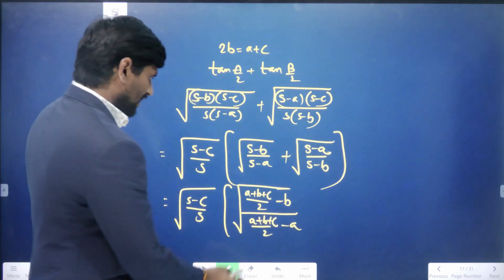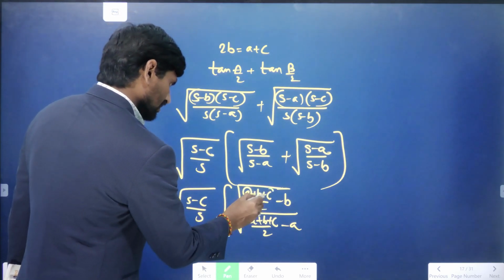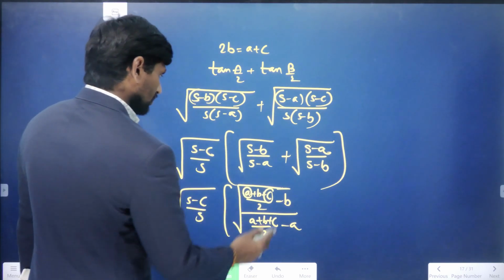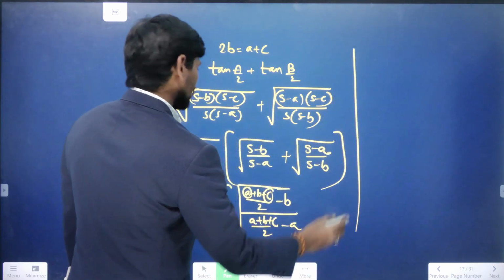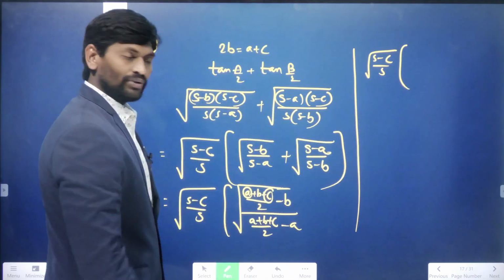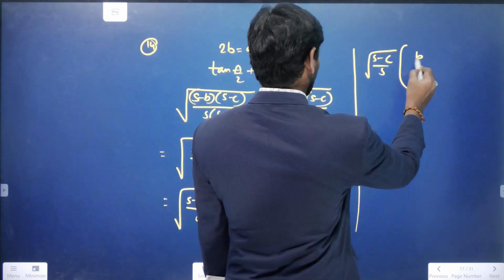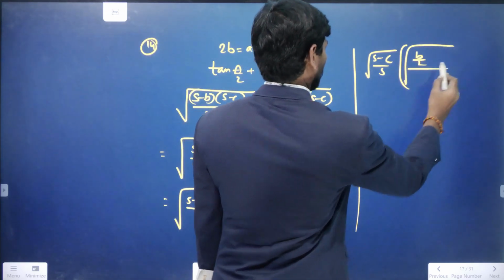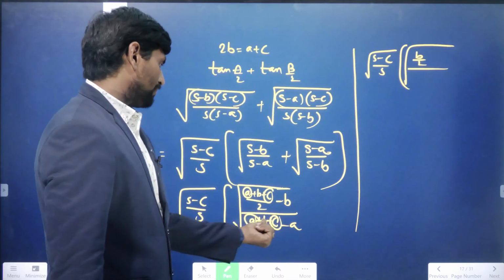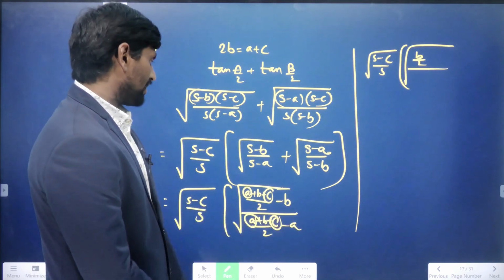But in the place of a plus c, I can write 2b. 2b plus b is 3b, so 3b/2. So simply if you want to write like this, root over (s minus c)/s into 3b/2 minus b. That means (3b minus 2b)/2, so b/2 will be there in the root, divided by, in the place of a plus c, 2b plus b, 3b. 3b/2 means (3b minus 2a)/2.